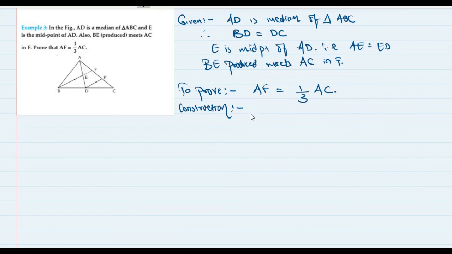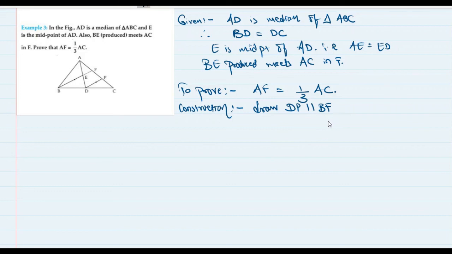That is the only thing which is given, and BE produced meets AC at F. So BE is already produced and it is meeting AC at F. You have to draw DP parallel to BF.